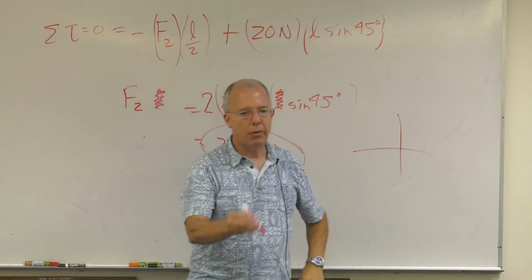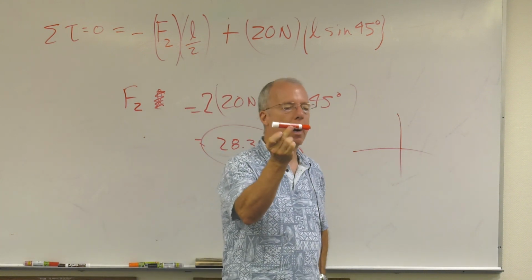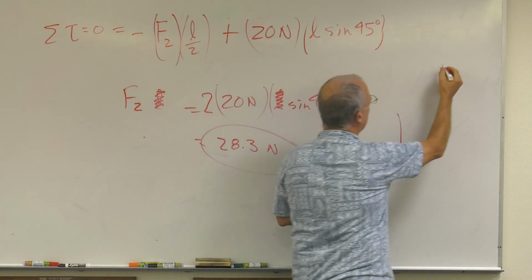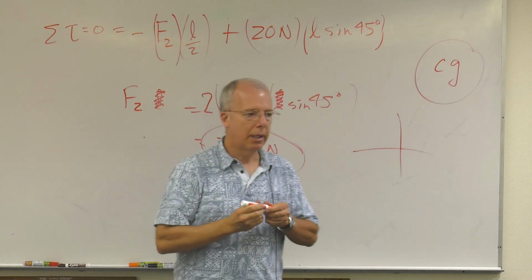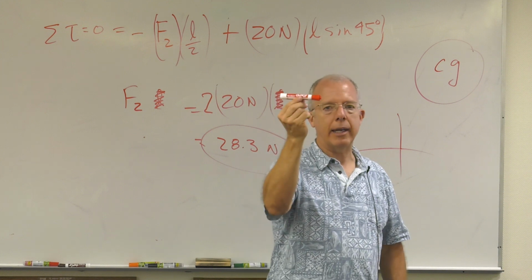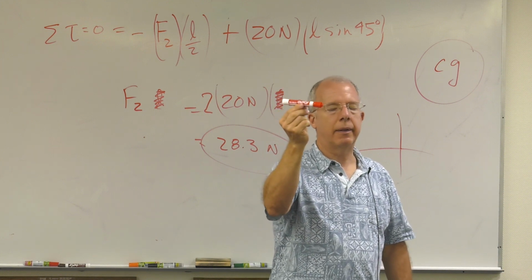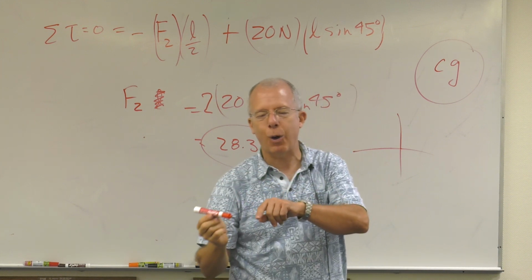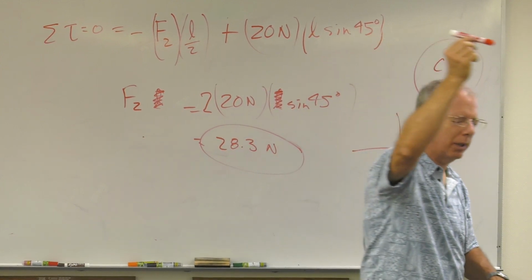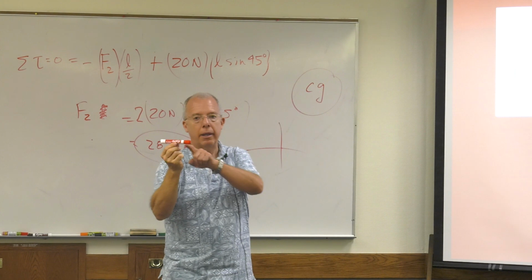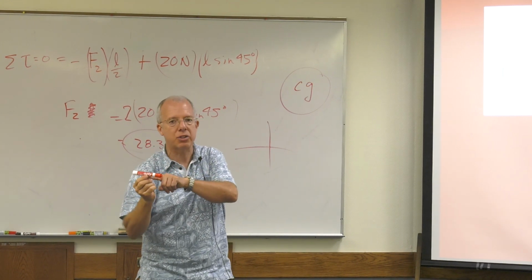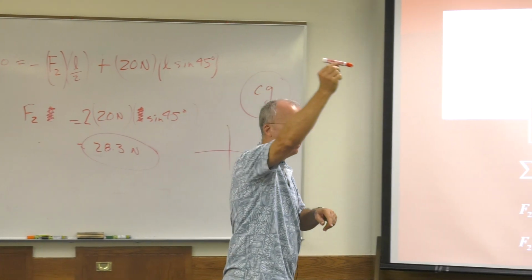However, there's one point on this marker, which is called the center of gravity. There's one point that undergoes perfect parabolic motion. So in other words, if this thing were a point particle, the center of gravity acts just like that point particle.